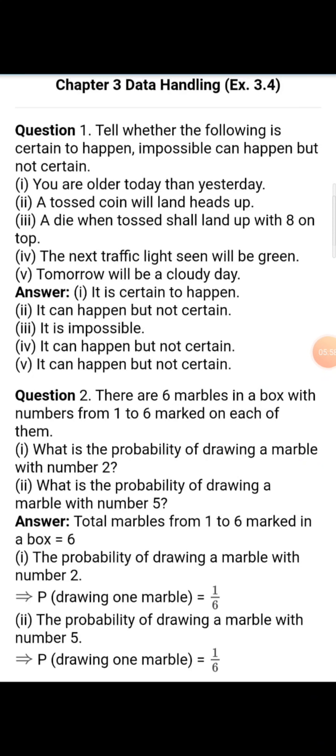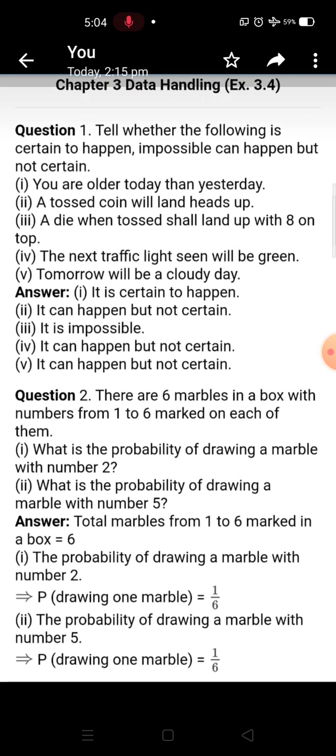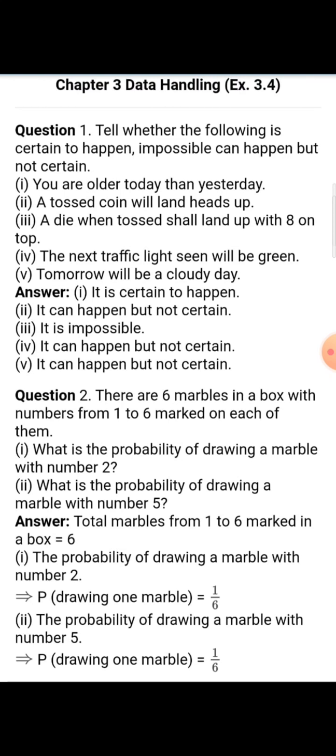So this is exercise 3.4, question number 1. Tell whether the following is certain to happen, impossible, or can happen but not certain. So in question number 1 you have to tell certain to happen, impossible or can happen but not certain. Okay, so first is, you are older than yesterday.